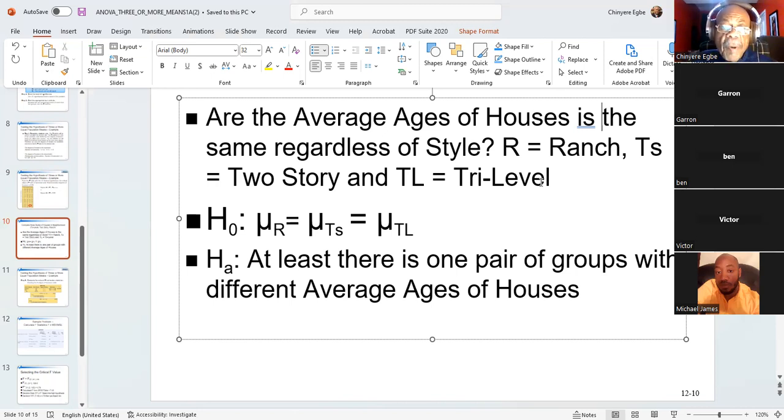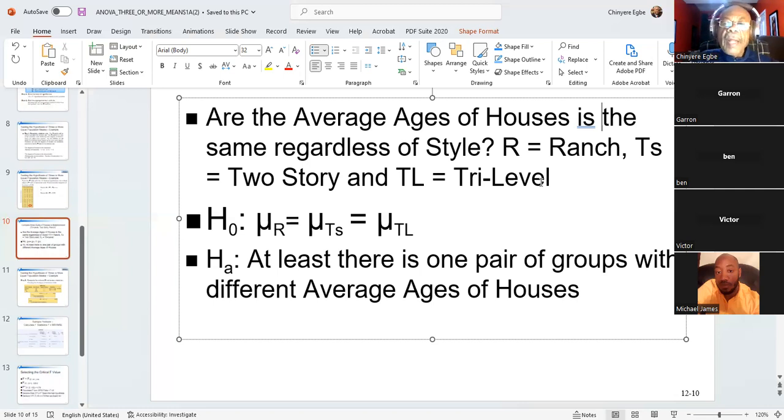But suppose, on the other hand, that the first group of customers that came into the neighborhood were building ranch-style houses. And maybe 5 years later, new customers begin to come, and some of them don't want the ranch-style houses, some of them want two-story houses.